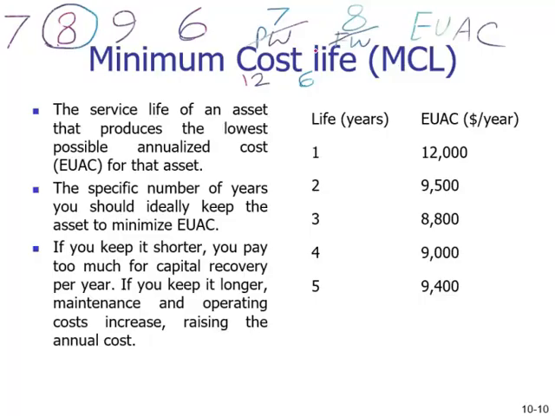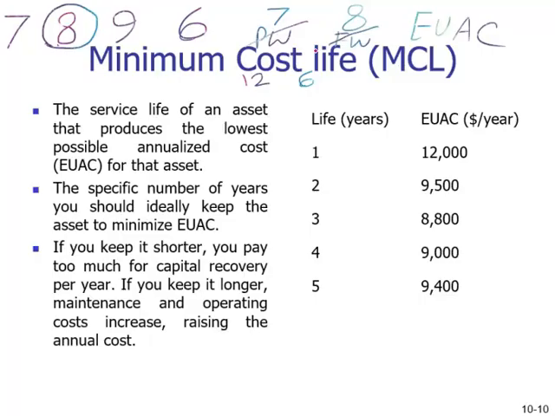If you are trying to sell it after 6 years, it means that the initial investment needs to recover itself over 6 years. That means that the recovery amount per year gets higher and higher.